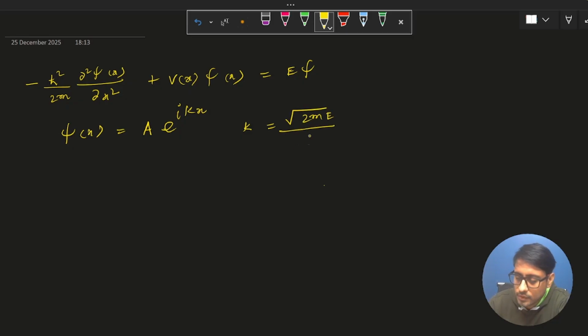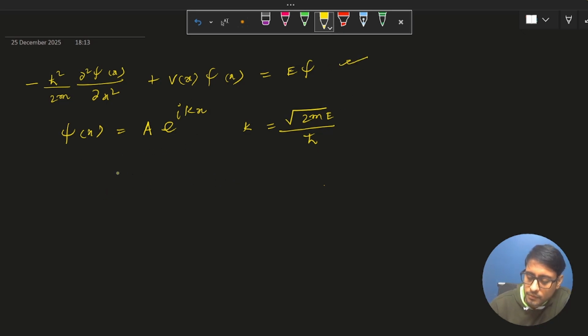If you have forgotten this, or you are just visiting for the first time, you can check it in the first lecture. So this is the solution for this Schrödinger equation.